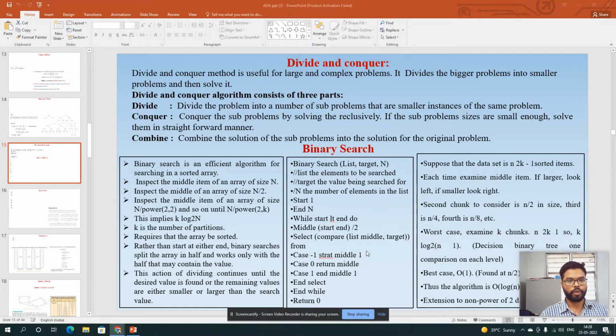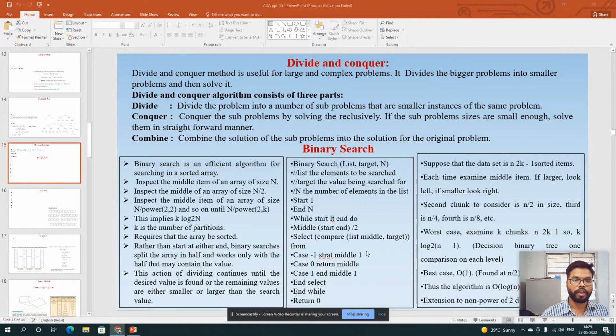In the next step, conquer, we solve the subproblems by solving them recursively. If the subproblem size is small enough, meaning when the size is 1, then we solve them in a straightforward manner.